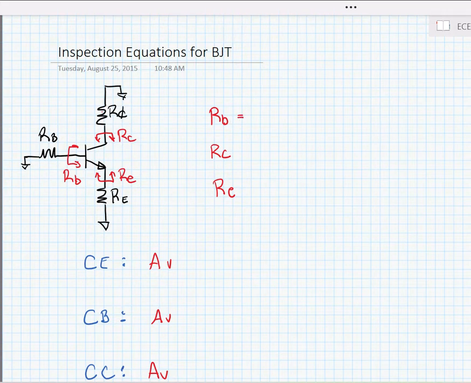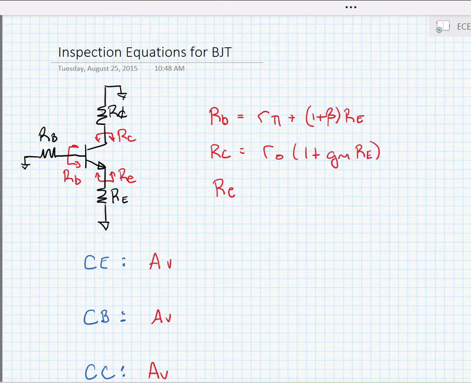R little b is equal to r_pi plus (1 + beta) times R_E. R little c is equal to r_o times (1 + gm R_E). And R little e is approximately equal to 1 over gm.